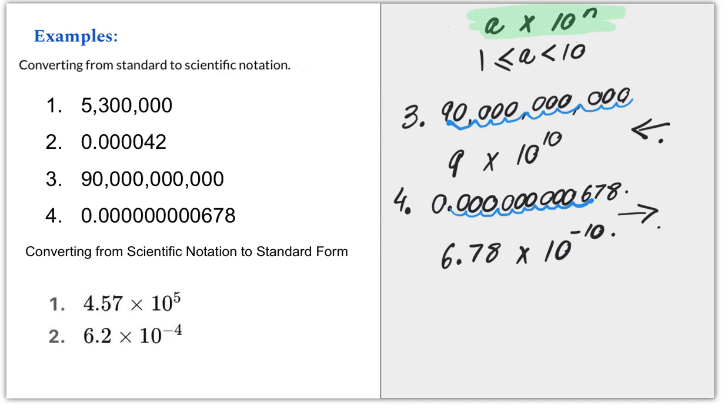All right, so let's recap on converting from standard to scientific notation. Step one will be moving the decimal towards the left if the number is greater than 1, and we're looking for a number that is less than 10 and greater than or equal to 1 as we move our decimal.